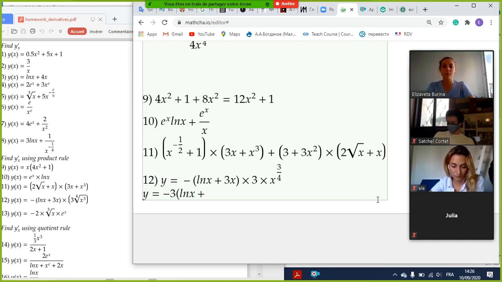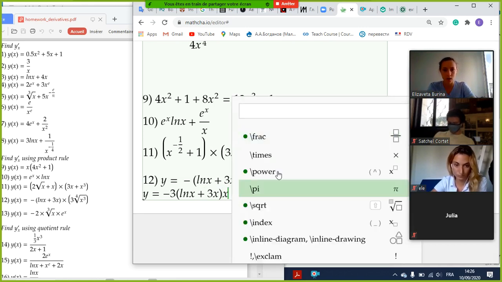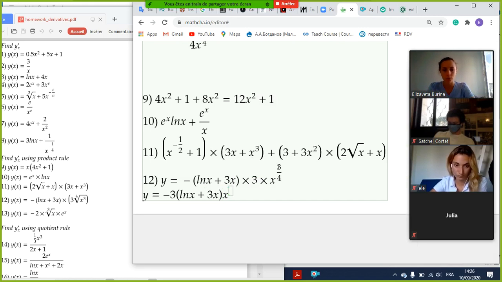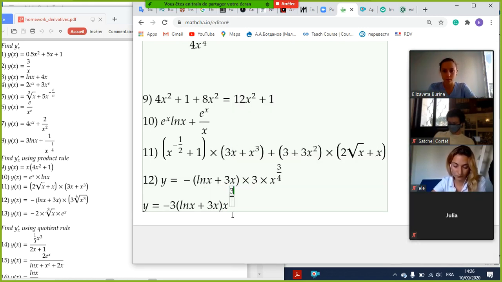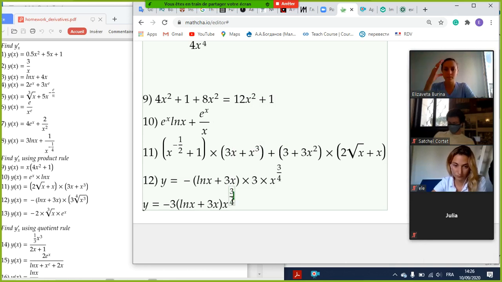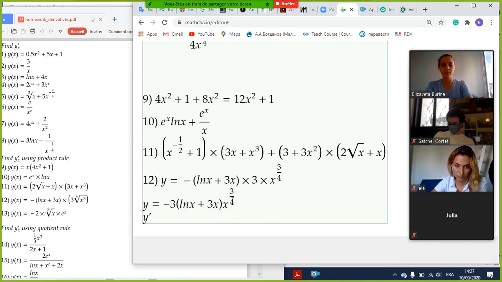So I put 3x, so this 3 I can put in the beginning, and then I'll have to write it just once, and the rest derive according to the product rule. So 3 over 4. Great, we have this.